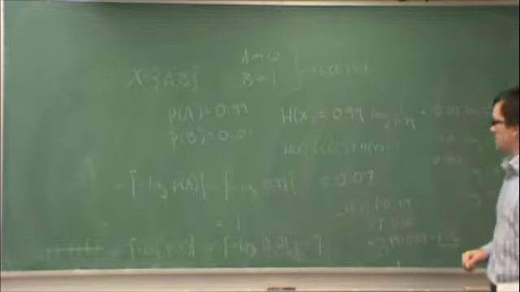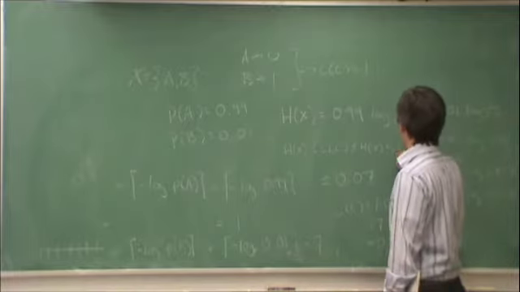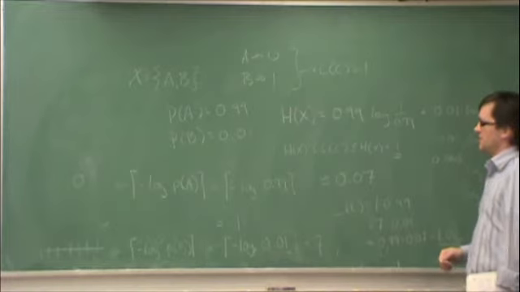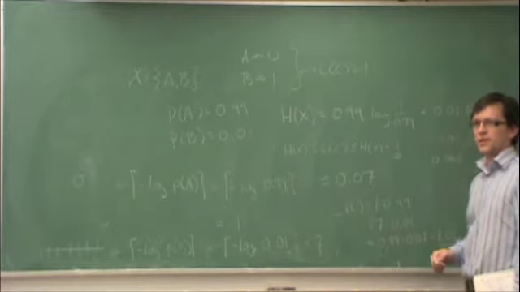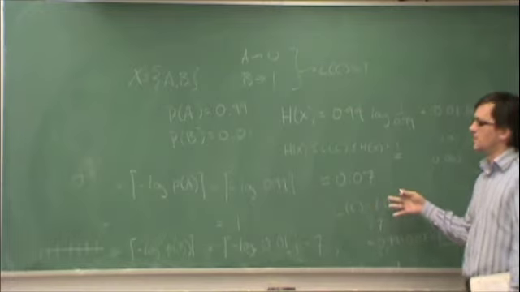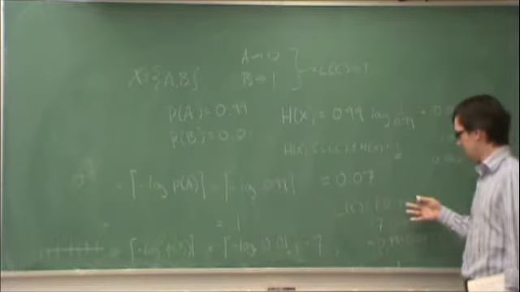So my penalty is 1 bit per source letter. It may seem like 1 bit isn't very much, but this is an example illustrating that in fact, 1 bit per source letter can be enormous.